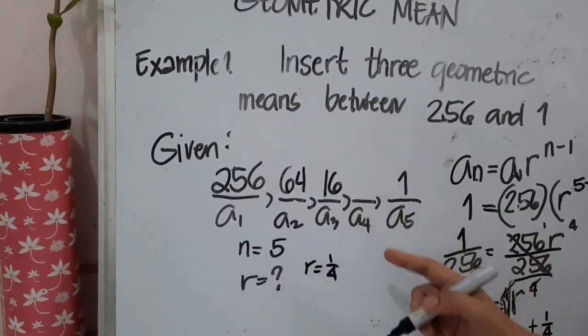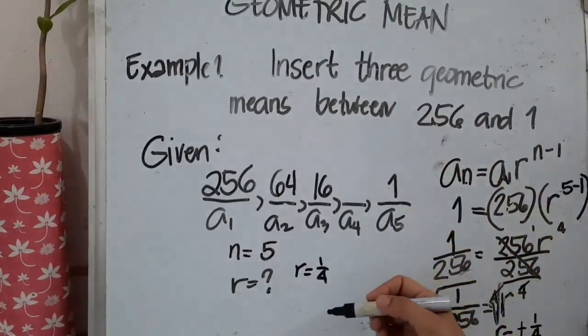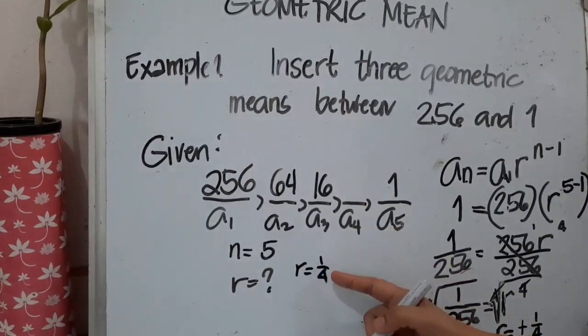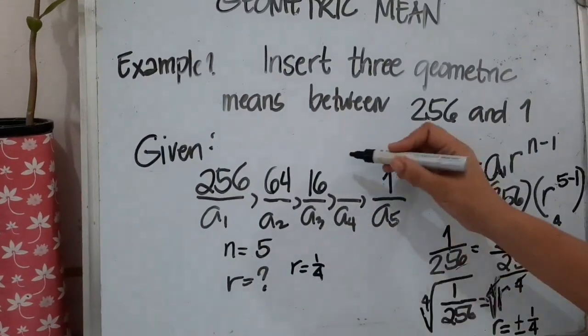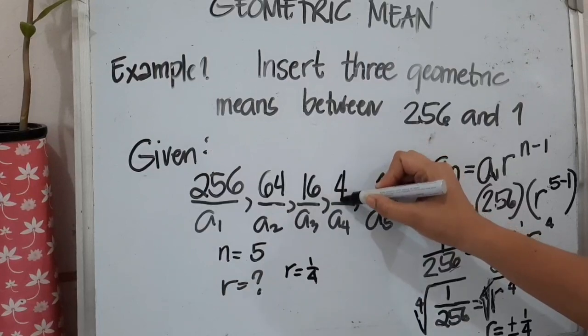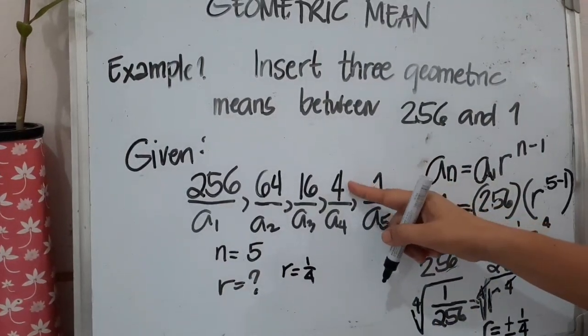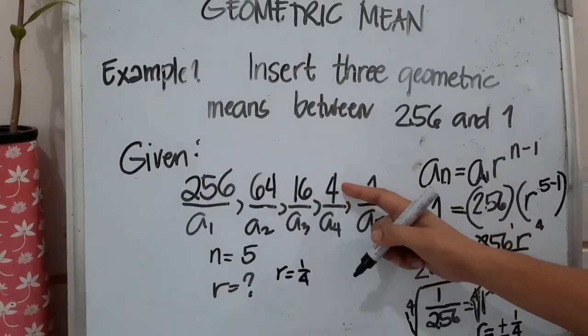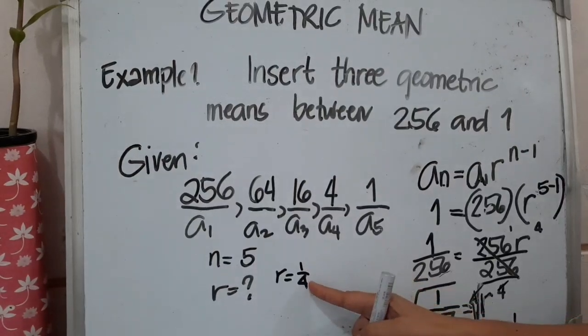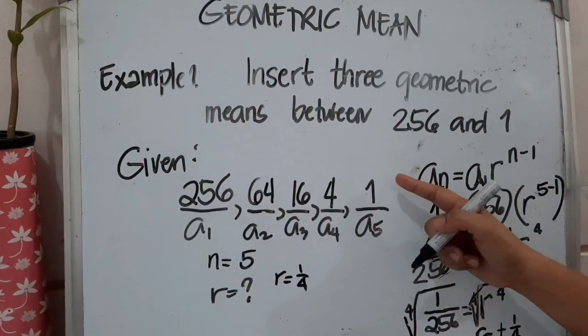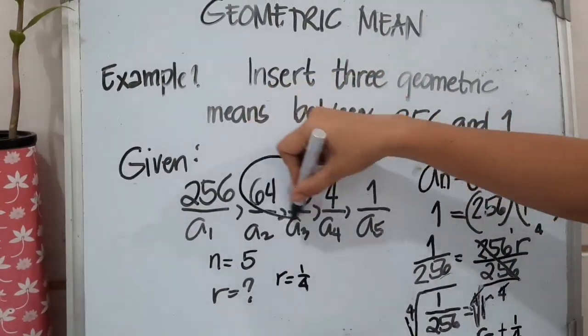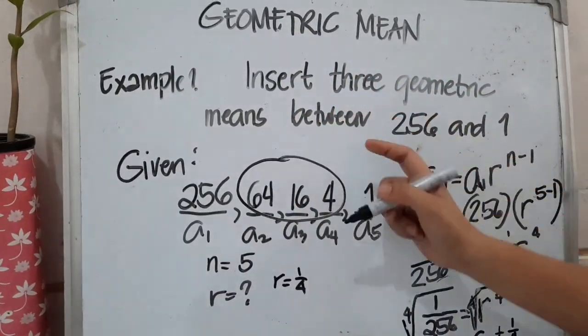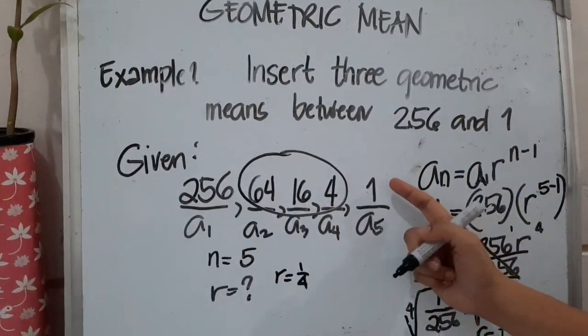To get our fourth term, 16 times 1 divided by 4, that answer is 4. To check whether this is correct to our last term, we have 4 times 1/4, then we get 1. So that makes 64, 16, and 4 correct because it coincides with our last term.